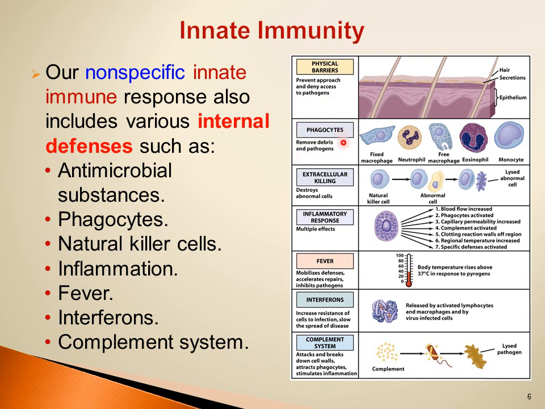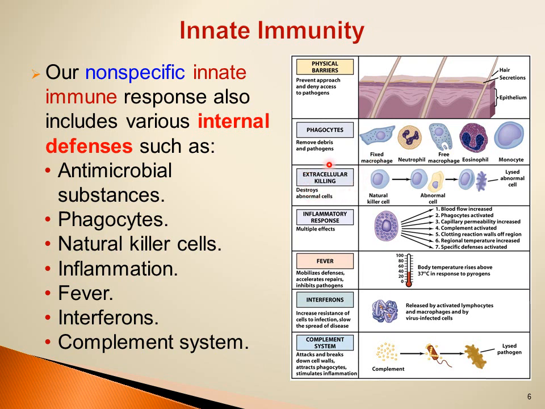We have the phagocytes, either fixed phagocytes or free phagocytes: neutrophils in the blood, eosinophils, and monocytes. Examples of fixed macrophages are those in the hepatic sinusoids, the Kupffer cells, and the macrophages that are present in the alveoli.